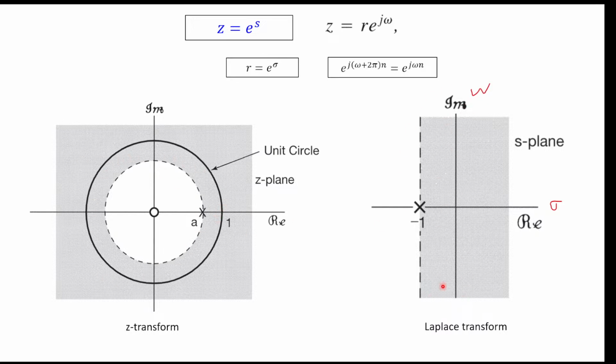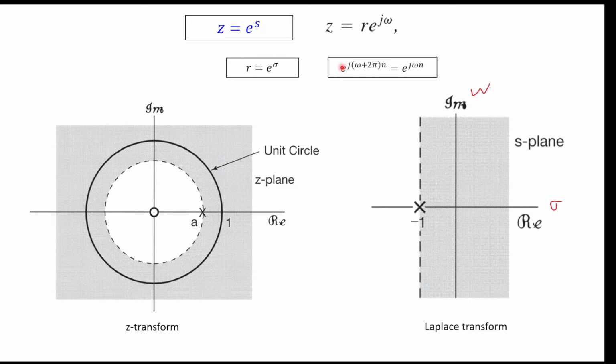So the j omega axis becomes a unit circle. This is because z is basically the exponential e to the s. And we also want this wrapping around a circle because we know for discrete time signals, omega is periodic with period 2 pi. So instead of having omega being periodic every 2 pi, we wrap it into a circle. So it will be periodic with respect to omega by construction.